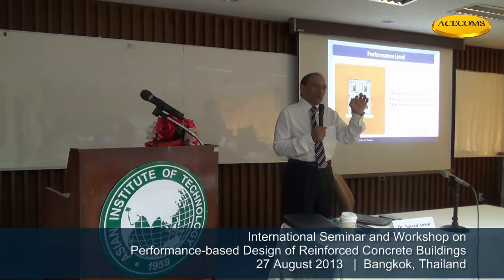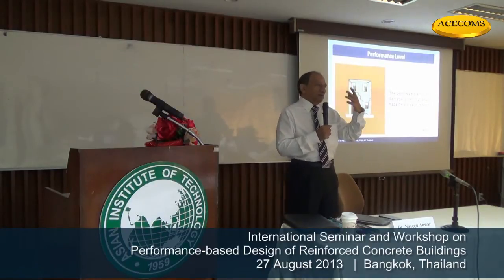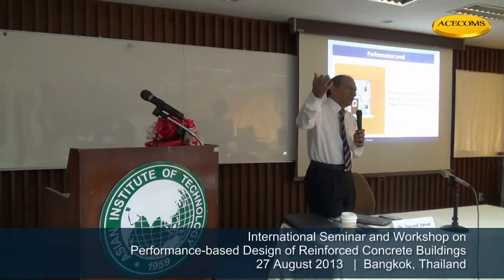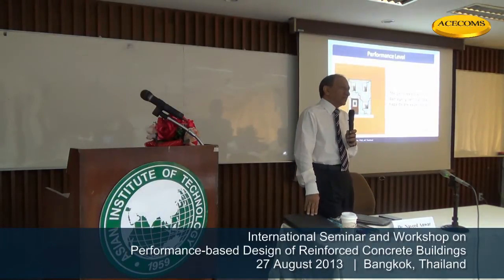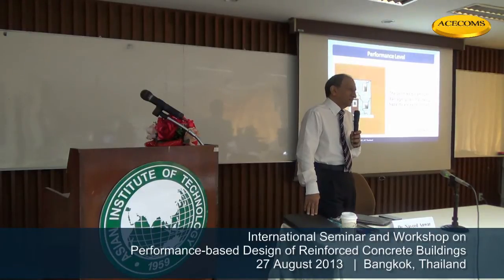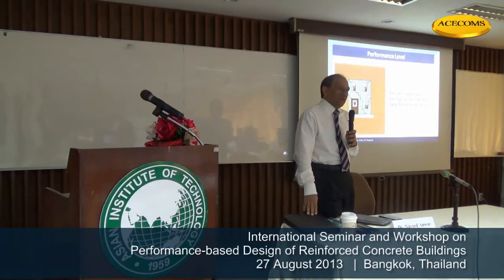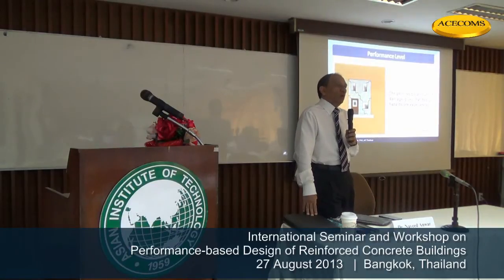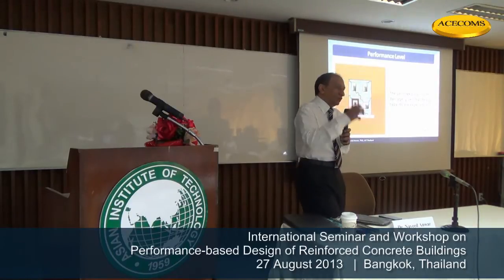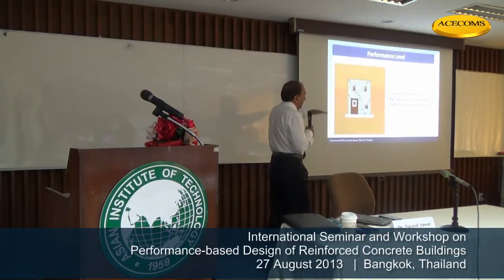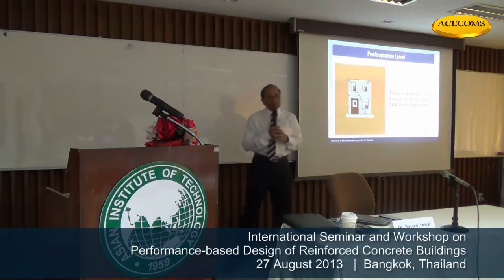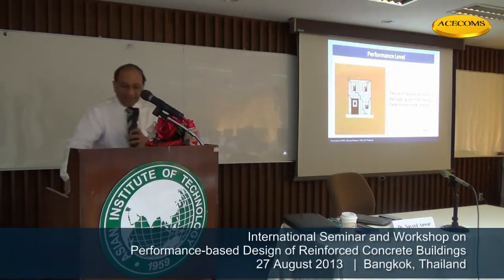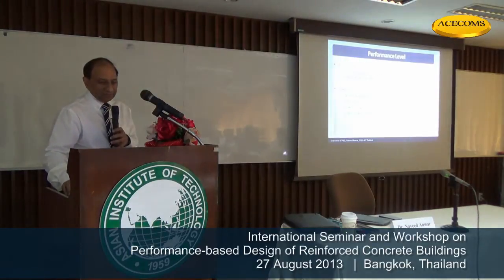But for a given earthquake level, let's say earthquake intensity 6 at 50 kilometers from here, if that happens, what should be the expected performance of this structure? What should be damaged and what should not be damaged? In that way, we can define the performance criteria and then we can design correspondingly.